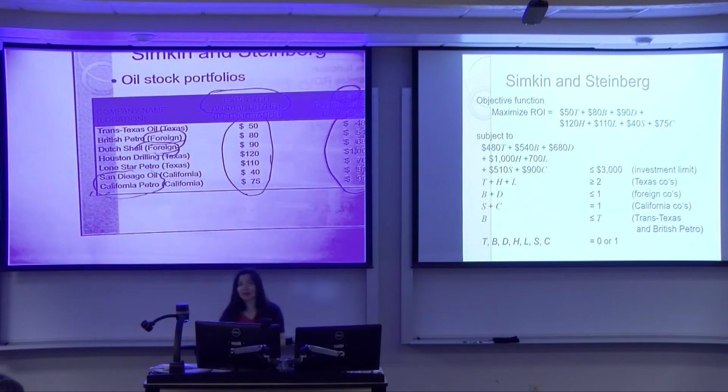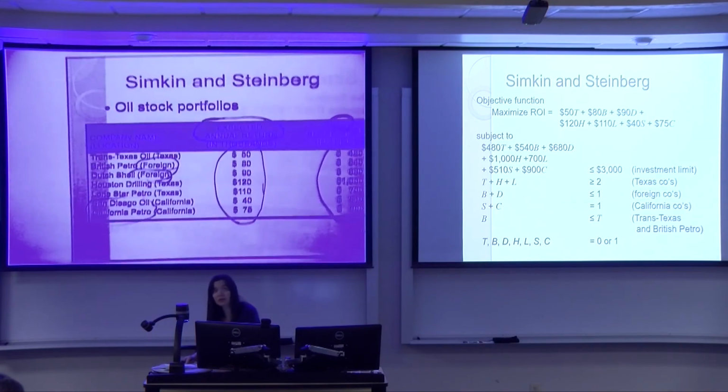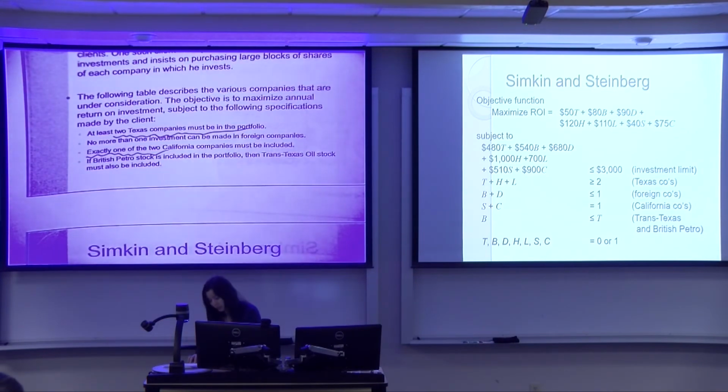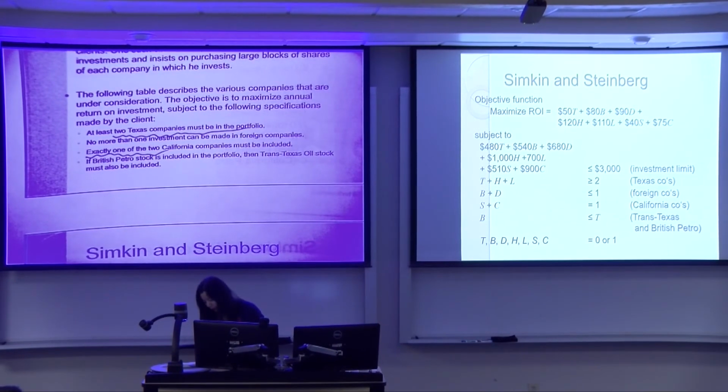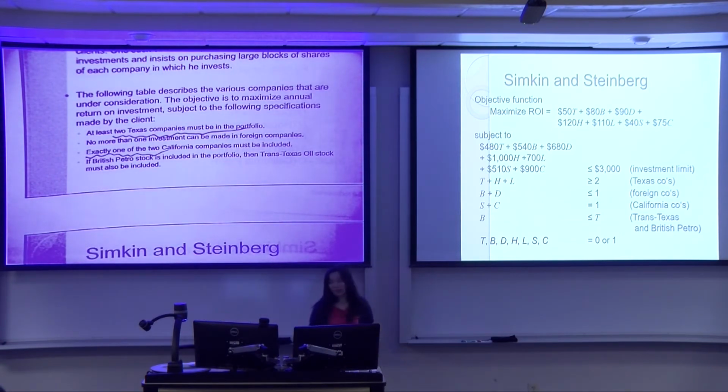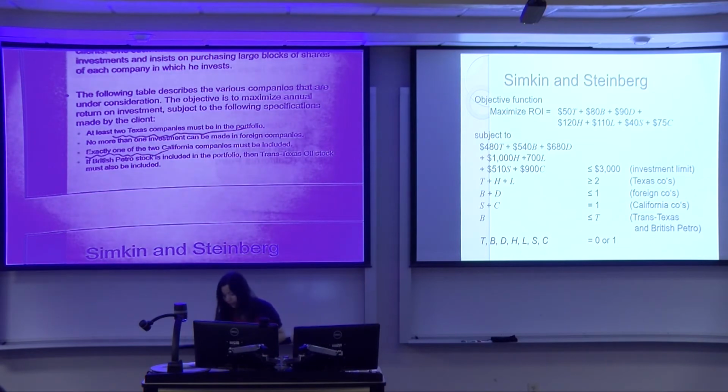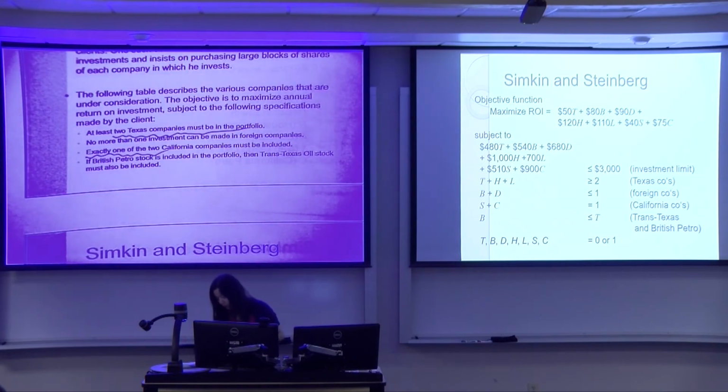And then the next one, you should pay attention, okay? It says if British Petrol stock is included in the portfolio, then the Texas oil stock must also be included. So we have this B less than or equal to T constraint.